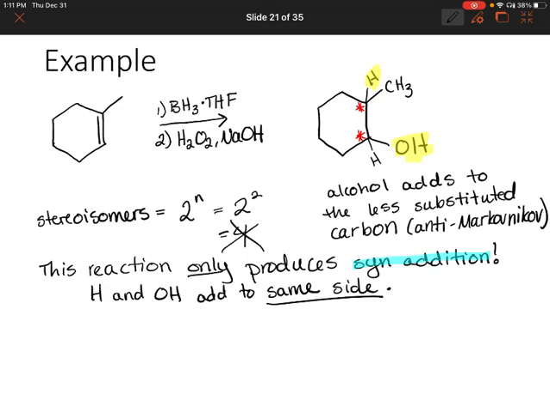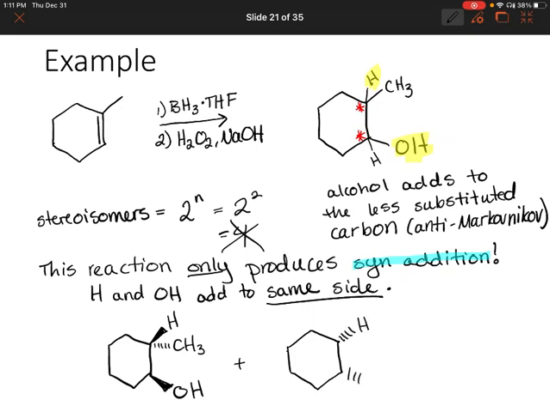Okay, so we'll produce one product where both H and OH are wedges. And then we have our methyl group on the top carbon there, and that's going to be in a dash. But then we can also produce the product where hydrogen and OH are in dashes, and then the methyl group is in a wedge.